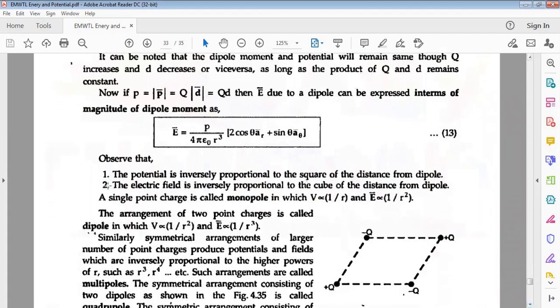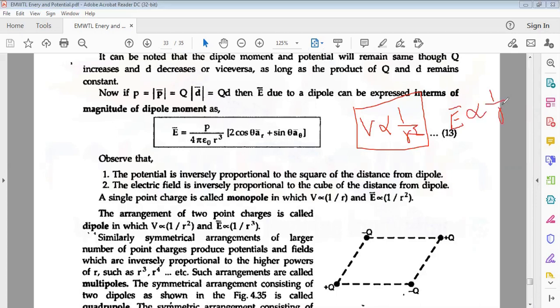So here, the potential V is inversely proportional to the square of the distance from the dipole, R square. And the electric field intensity is inversely proportional to the cube of the distance from the dipole.